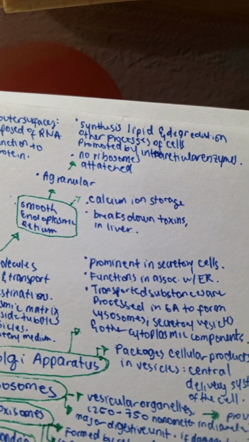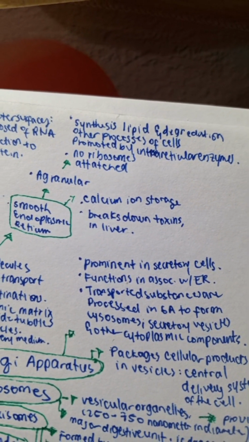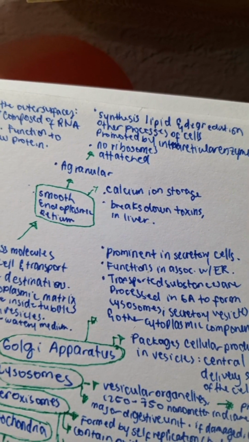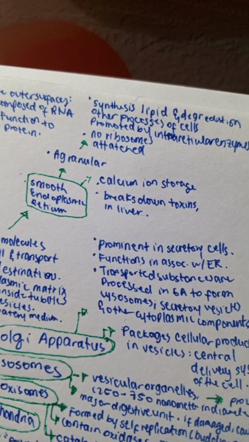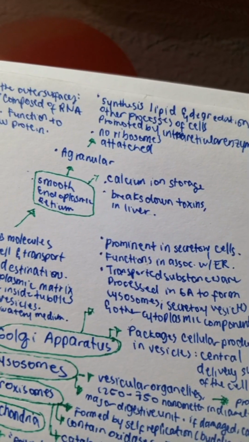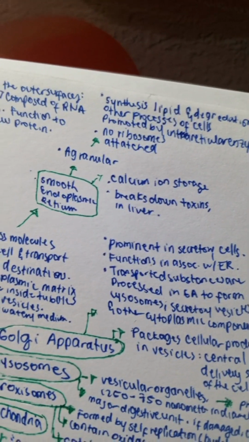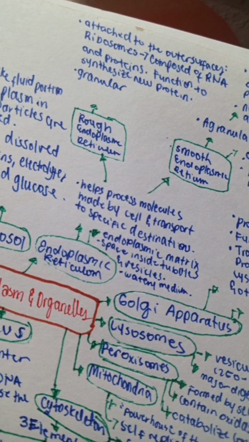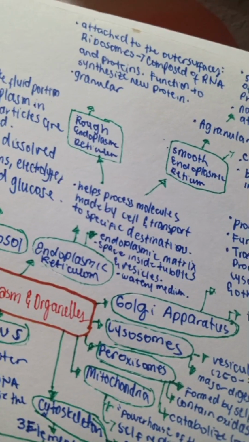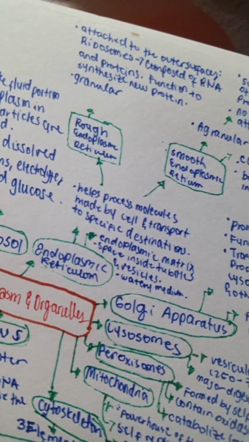It's promoted by enzymes, and there's no ribosome attached in the smooth endoplasmic reticulum. Another function of the smooth endoplasmic reticulum is it stores calcium ion, and it breaks down toxins in the liver. Another content of the endoplasmic reticulum is the endoplasmic matrix. It is a space inside the tubules and vesicles, and it is a watery medium.